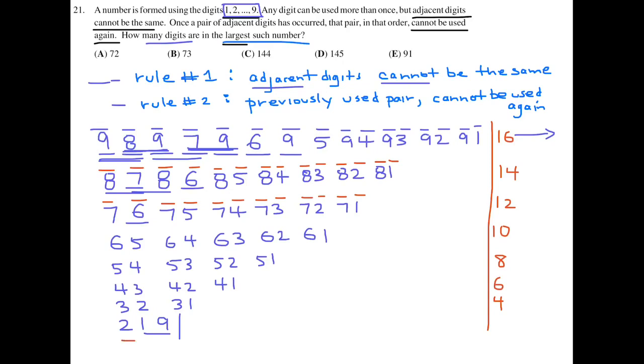And finally we had 1, 2, 3. Like that. So add up all these and you will get 73. All right. So the answer is B for number 21.